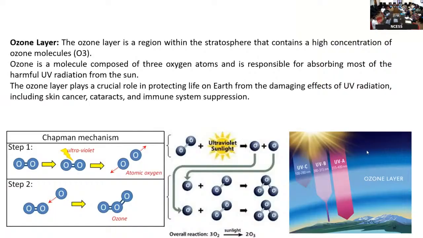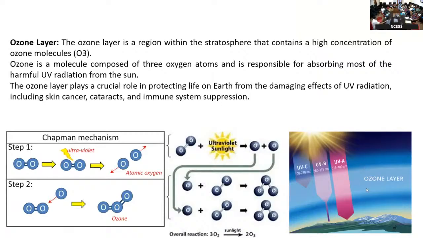Let me say a few words about ozone, because we cannot miss ozone in the atmosphere, especially the stratosphere. The ozone layer is the region where maximum concentration is seen, and the basic production of ozone at that level happens due to the Chapman reaction. Always remember the Chapman reaction; it is very simple.